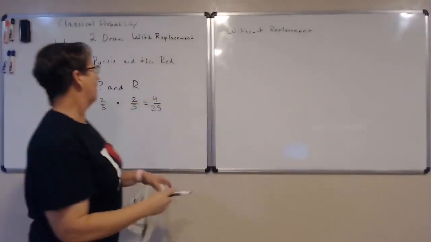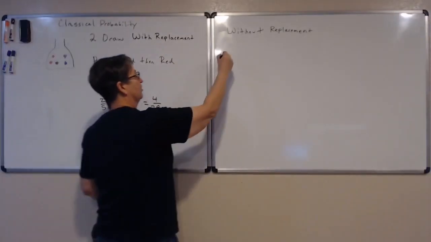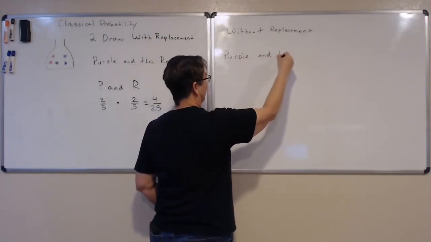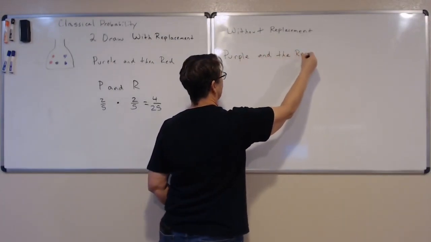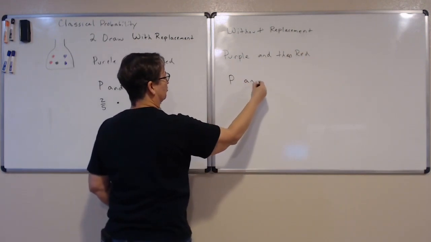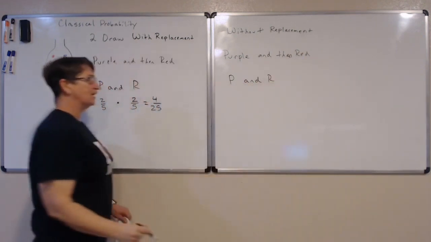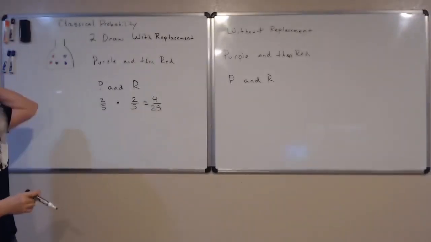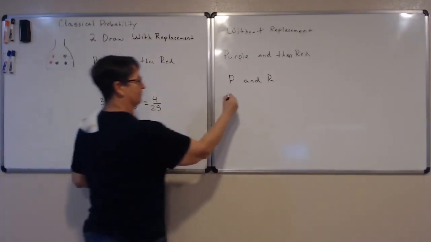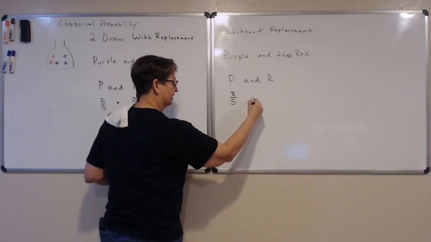All right, now without replacement for the same thing, purple and then red is still purple and red. And the only way it changes is on the first one, the purple is still 2 out of 5 because there's 2 out of 5 in there. And it's still multiplication.